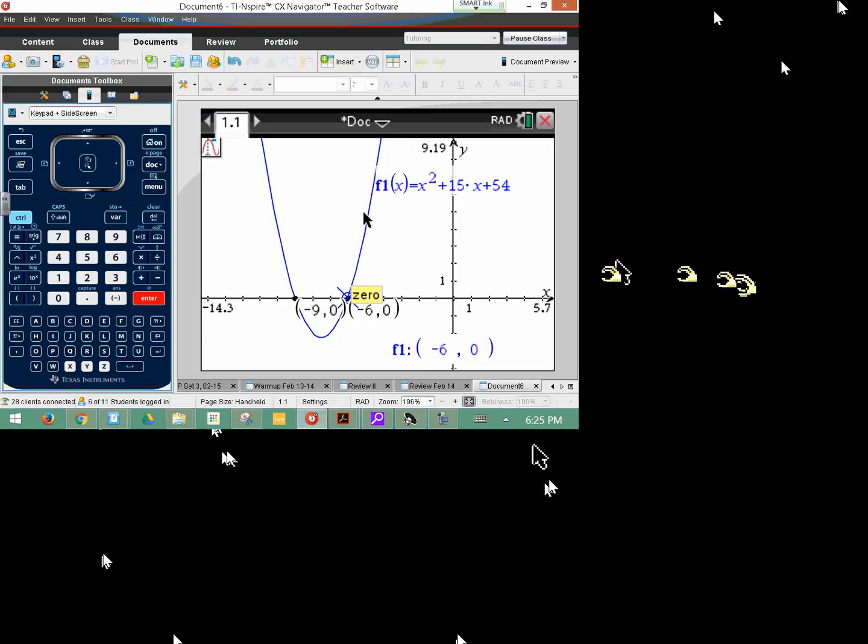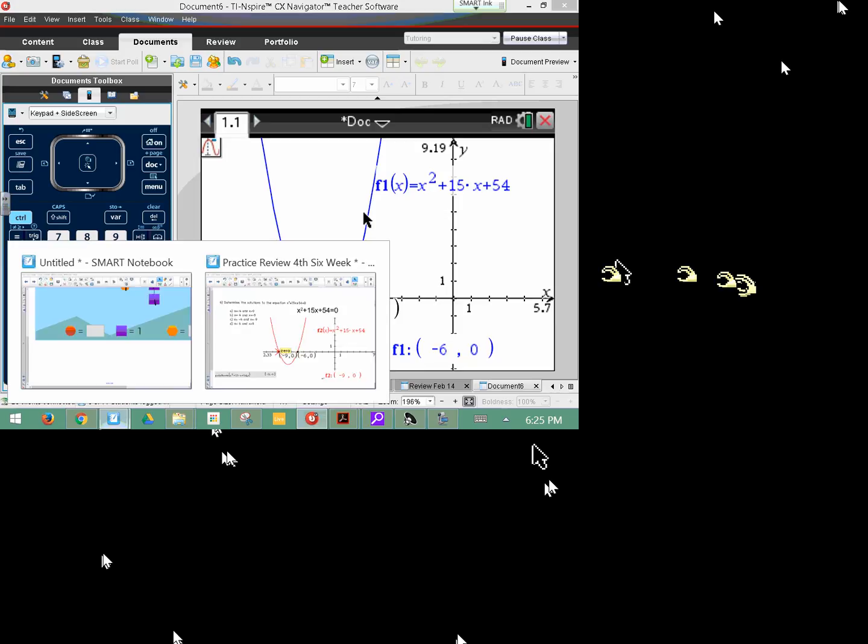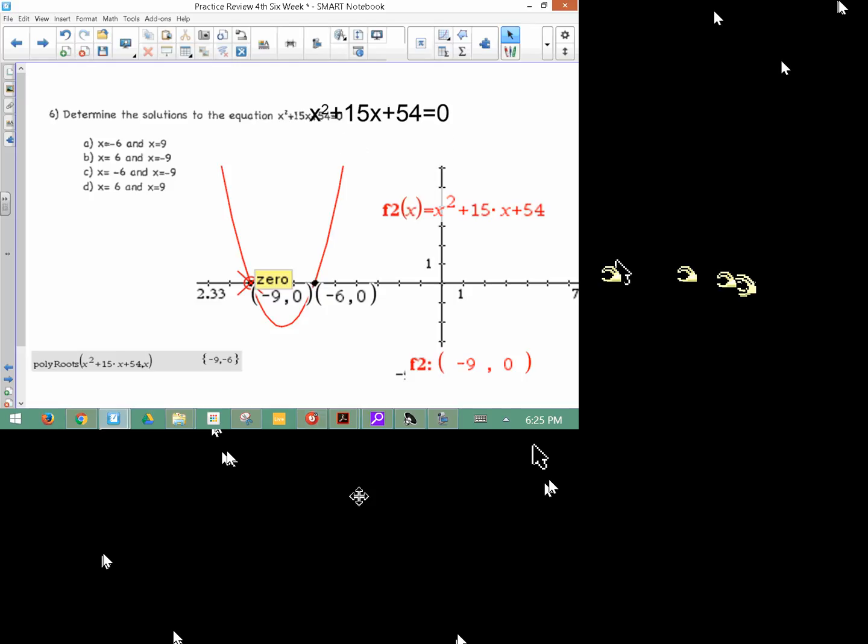If I'm trying to solve the equation x squared plus 15x plus 54 equal to 0, then x can be either -6 or -9, and that would be true. So which choice is that? C. And we solved it with graphing.